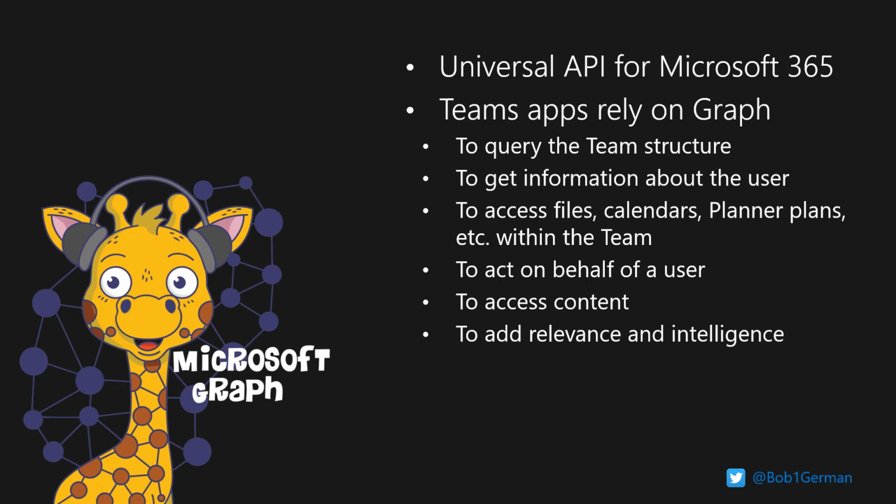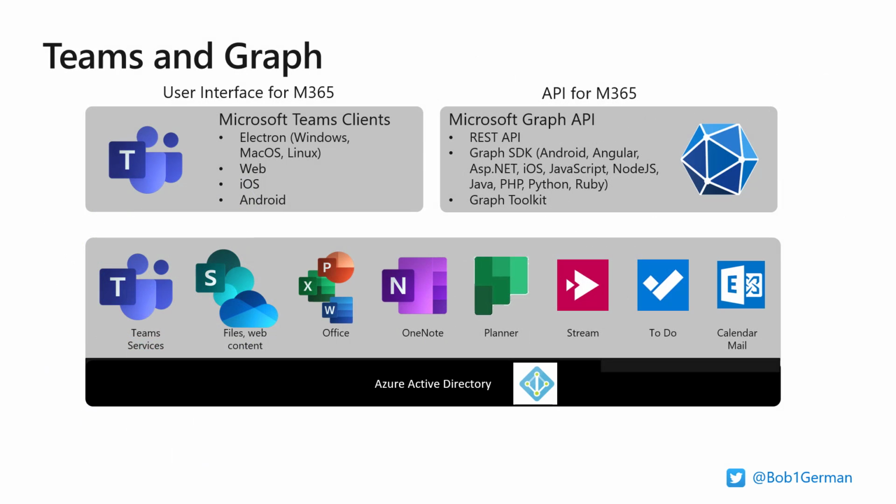You can get access to your current team ID and channel ID in that JavaScript SDK, but if you want to query the whole team structure, if you want to get information about the user and their profile, if you want to access all those other assets that are inside of the Microsoft 365 group, Graph is the way to go.